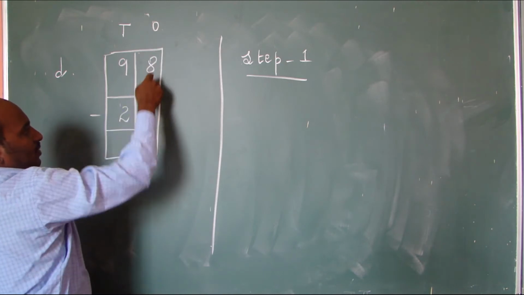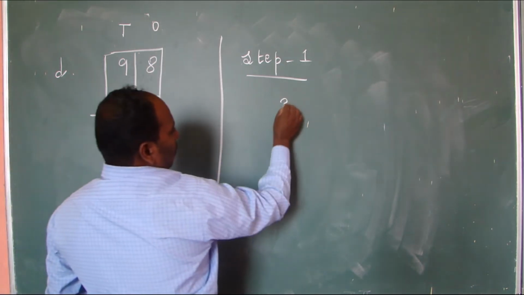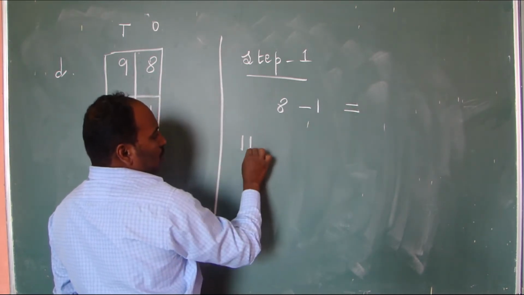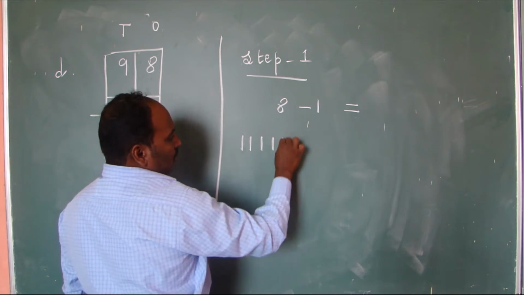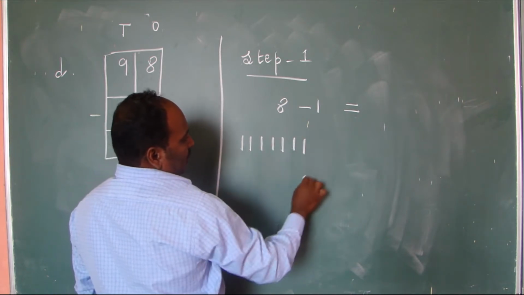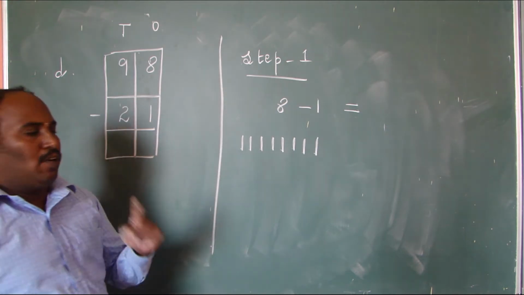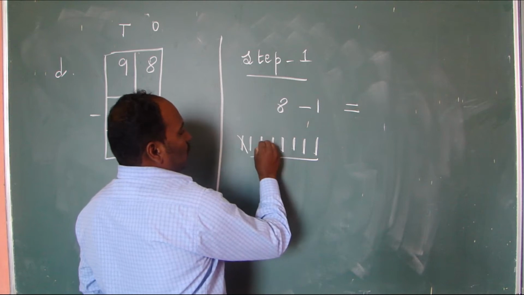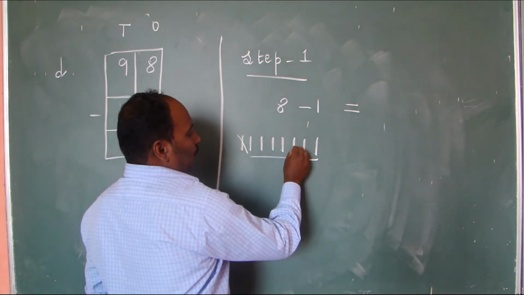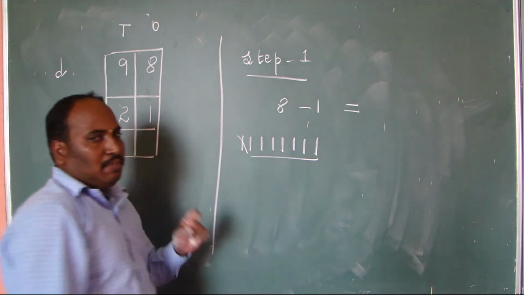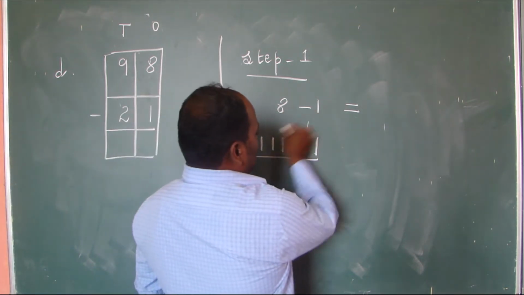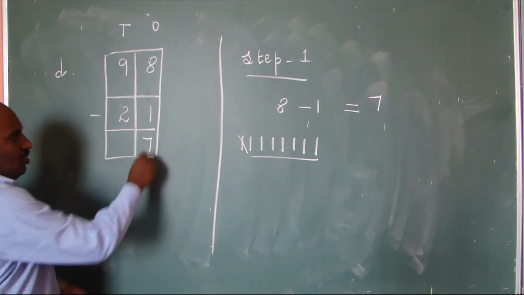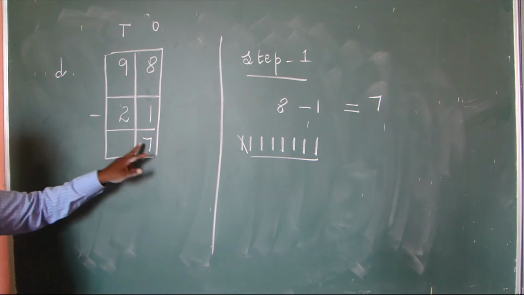Ones place 8 minus 1 is equal to 1, 2, 3, 4, 5, 6, 7, 8. Remaining 7 lines. So 8 minus 1 is equal to 7. The number 7, write in ones place.